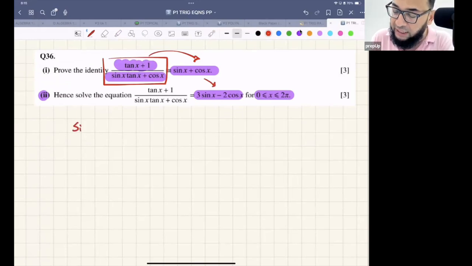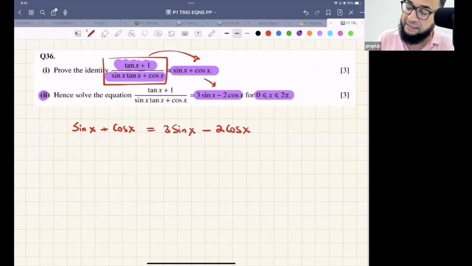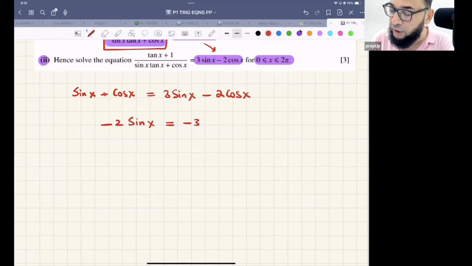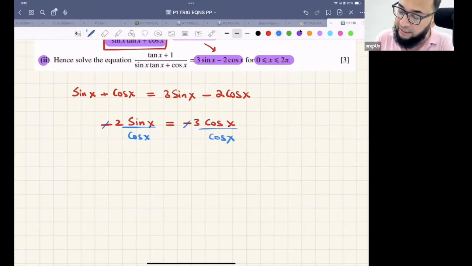Therefore sine x plus cosine x is equal to 3 sine x minus 2 cosine x, and x lies between 0 and 2 pi. First simplify: 3 minus 1 sine x, 2 sine x, equals negative 3 cosine x. Then divide both sides by cosine x and cancel the negative.